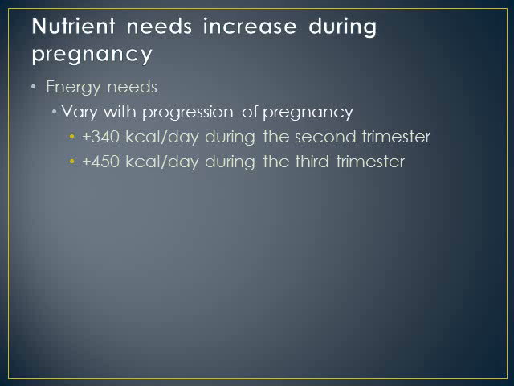During the second trimester, calorie needs increase 340 calories a day, and during the third trimester, it increases 450 calories per day. To meet this increased demand, a mom could eat more food or she could also reduce her activity. However she can, she should basically be in a positive energy balance.